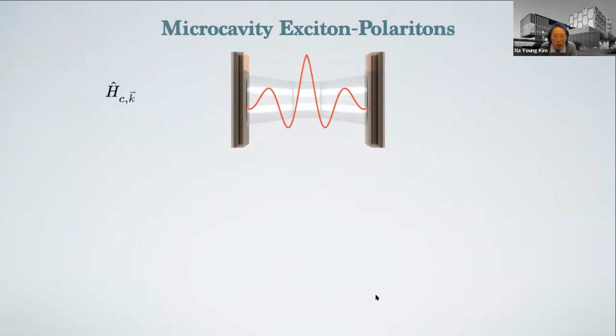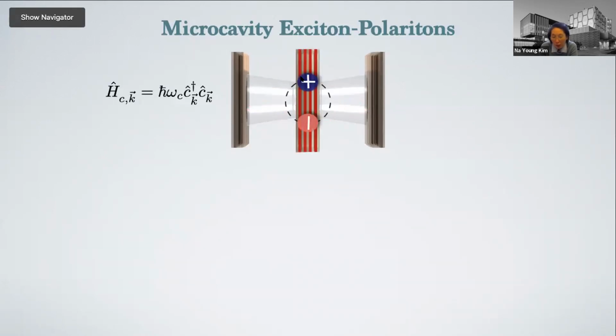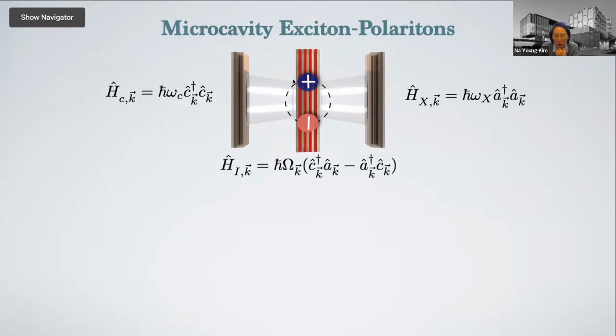In this slide, a quick movie shows how to form the exciton polariton. In other words, there's one entity of cavity photon. At the maximum of the electric field, we place the exciton so that they can reversibly exchange energy between the two components through dipole coupling, and we can diagonalize the system in the linear regime.